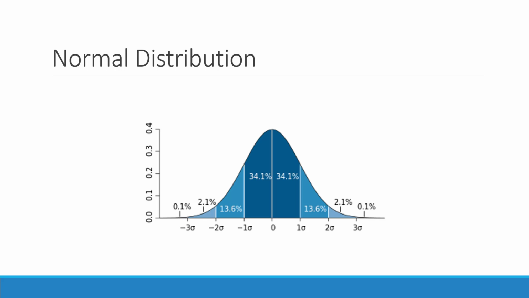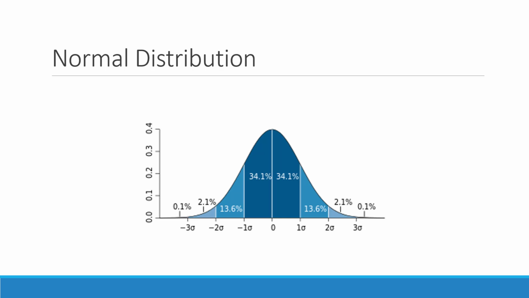By far the most important continuous distribution model is the normal or Gaussian distribution. The probability density function of a normal distribution is a well-known bell-shaped curve, and the distribution can be characterized by two parameters: the expected value of the random variable, the mean mu, and the standard deviation of the random variable, sigma.